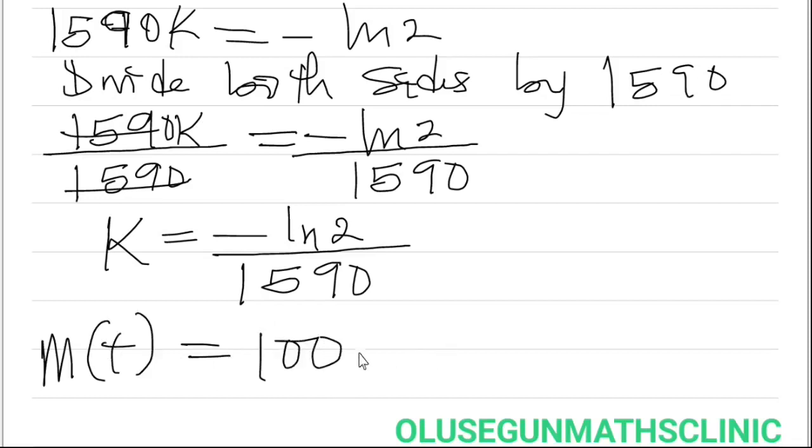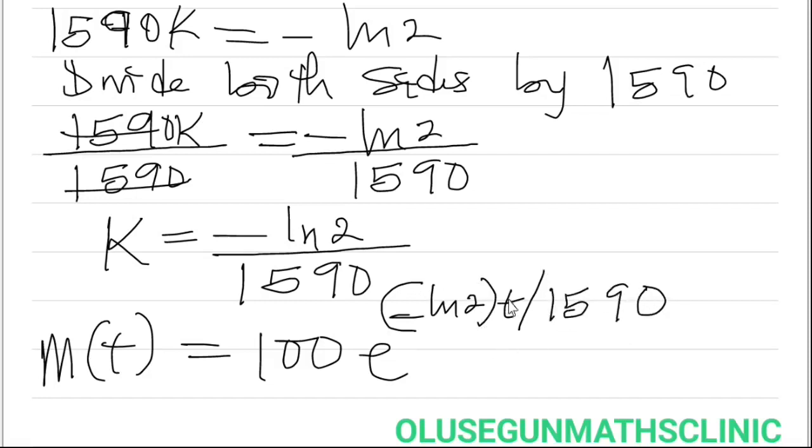So we are able to generate a formula for the mass at any particular time: 100 e^(kt), but instead of writing k, we put in our k, so it is 100 e^(minus ln 2 times t, divided by 1,590).